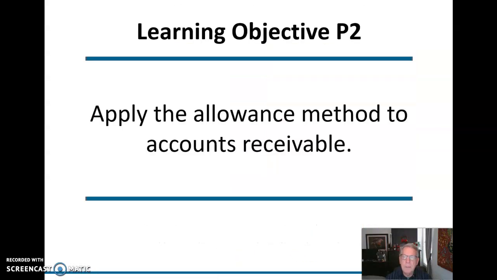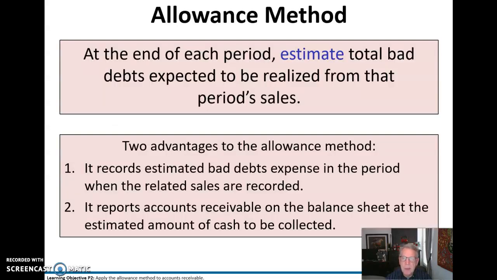Let's take a look. Now, if we do the allowance method, which every company of any size does, we are going to estimate at the end of each period the total bad debts expected to be realized from that period's sales.